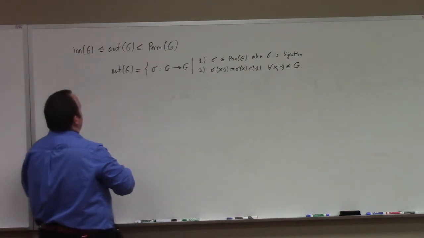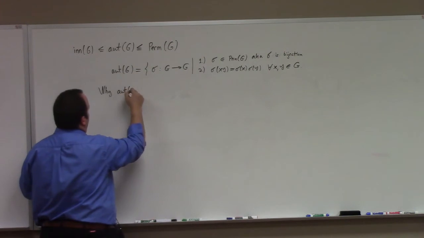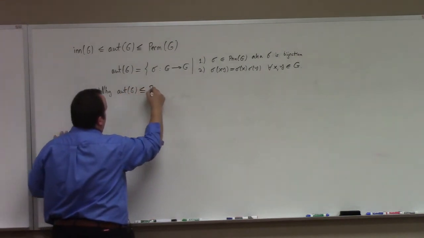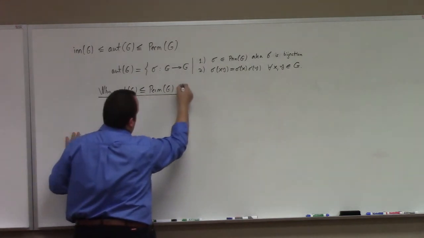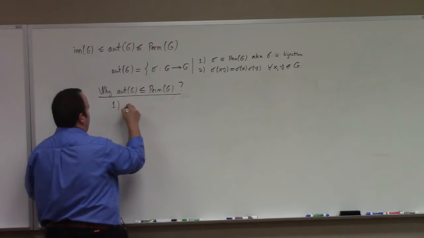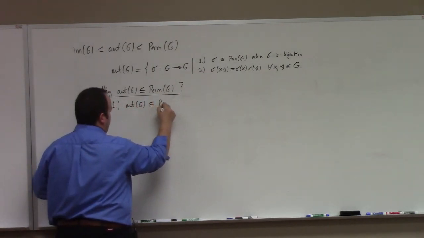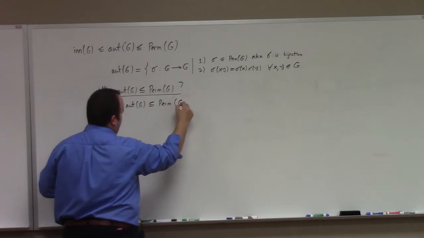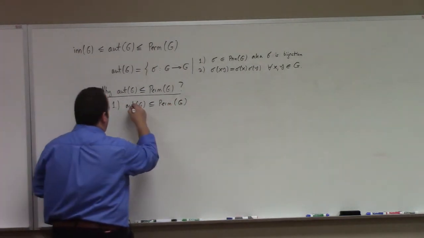So as I'm thinking about why Aut G is a subgroup of the permutations of G, that's the question we're trying to answer. Point number one, essentially by definition, Aut G is a subset of the permutations of G, because part of the definition of automorphisms is that they're at least bijections.